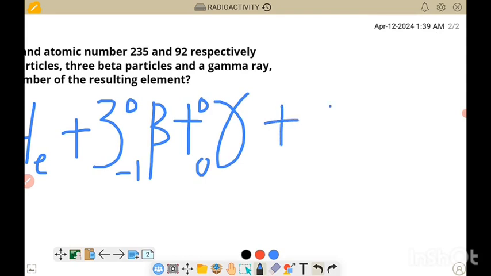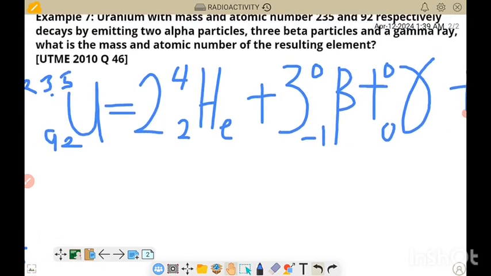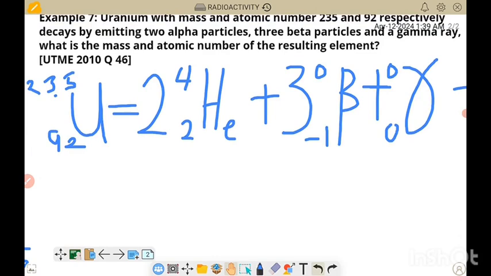Let's say we have it as symbol Z, and the mass number will be B, while the atomic number will be A. Now when you have something like this, what you just need to do is balance the mass number on both sides of the equation and atomic number on both sides of the equation. Now you can see on both sides of the equation, we have mass number 235 here, and all the numbers at the top here are mass numbers, so we can equate them to each other.